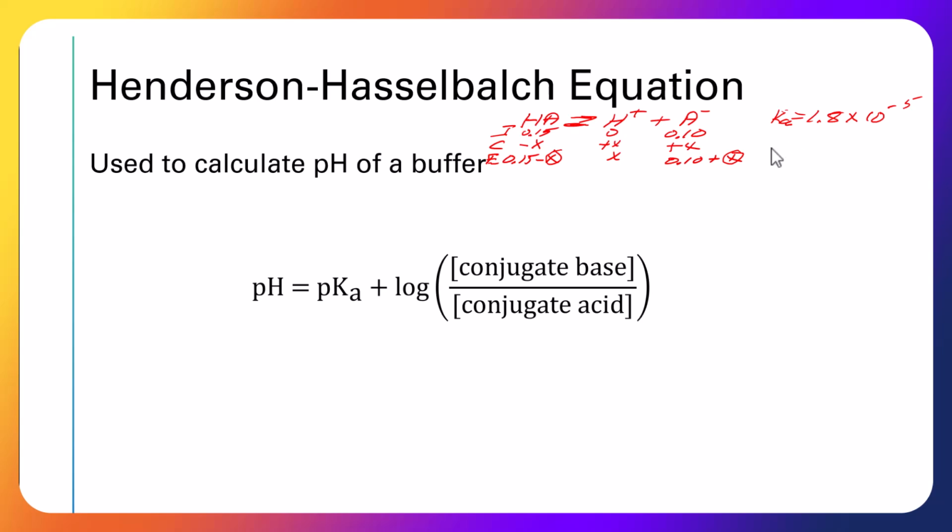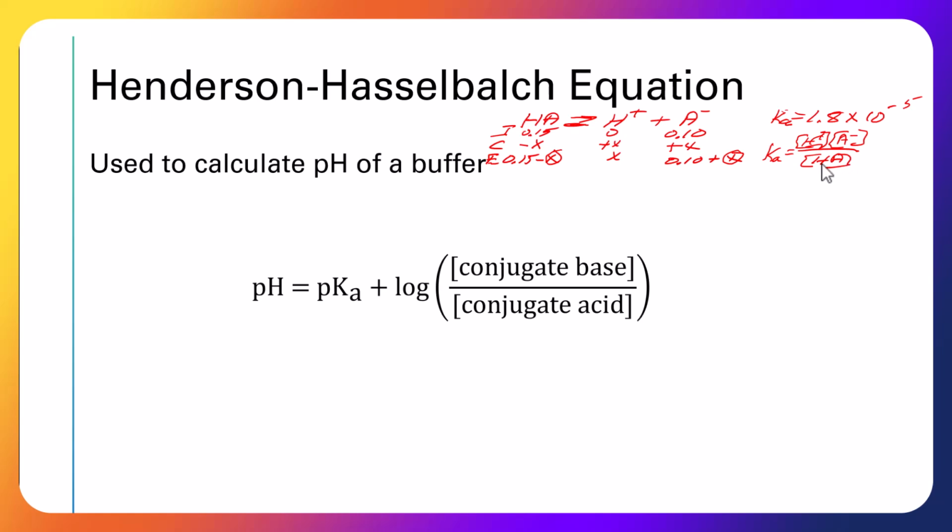And we can build our equilibrium constant expression, which is going to be Ka is equal to H plus times the anion in our buffer system divided by HA. And if I solve for hydrogen ion, this is what that's going to look like.